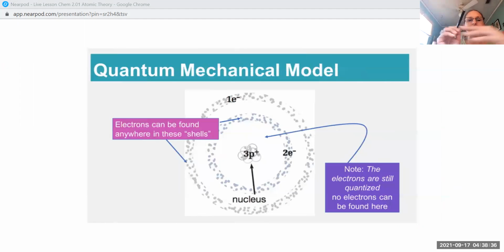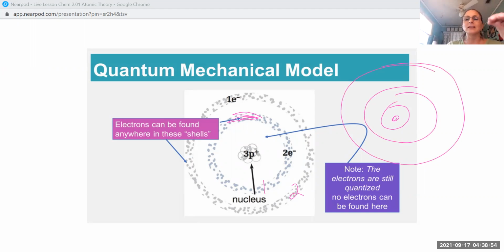Oh, sorry, I forgot this slide. So this is just showing it a little bit more clearly. The way to think of this is there's still shells. So in an atom, the electrons are still found in these energy levels. There still are the shells, the 1, the 2. So we still have this idea. It's just that the electrons aren't in a line around it. There's a space in this area where there's a probability of where you can find the electrons.